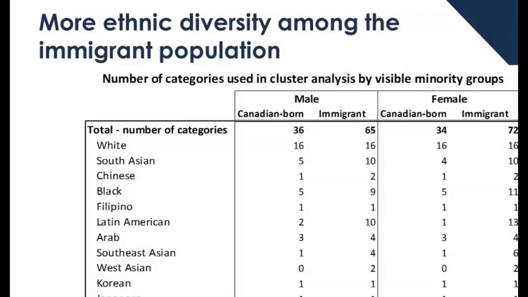The number of categories. So you see that some visible minority groups have more categories. It just means that there is more diversity in terms of ethnic origin for the white population, the South Asian, the Black, and the Latin American groups. So they are the groups that people often stated are very broad.